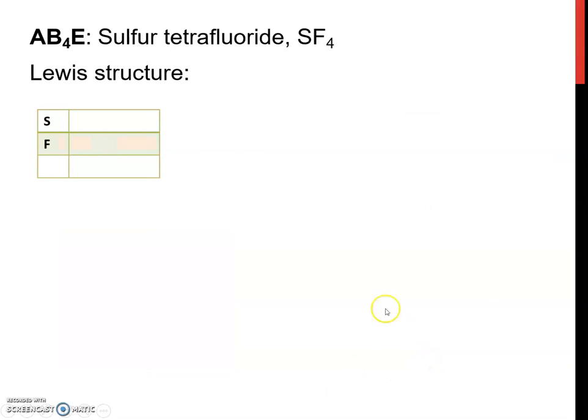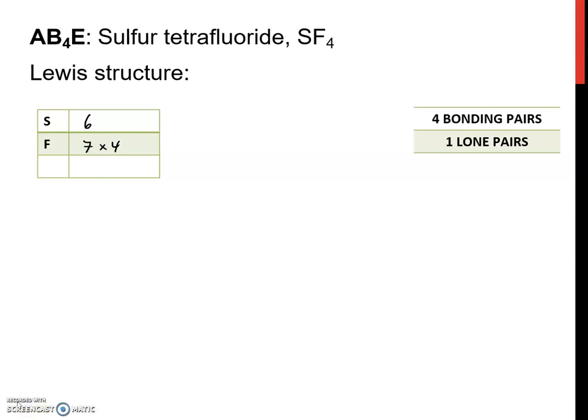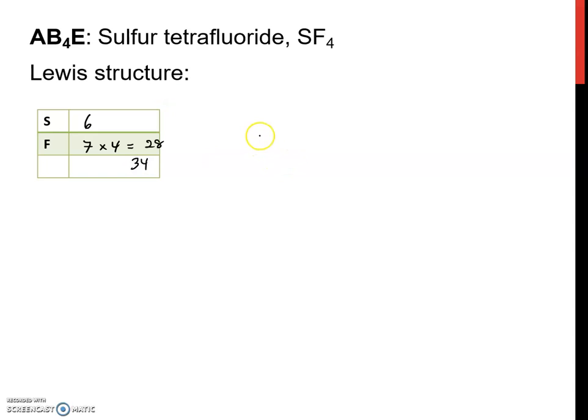Okay, next, sulfur tetrafluoride. Sulfur 6, fluorine 7 times 4, so the total is 34. Now draw the Lewis structure.